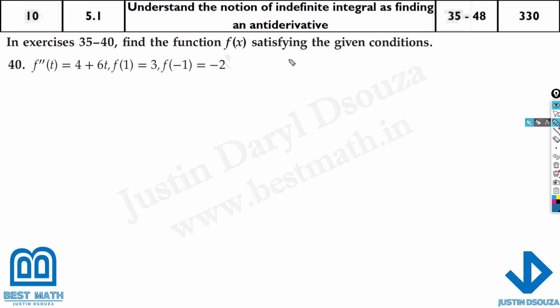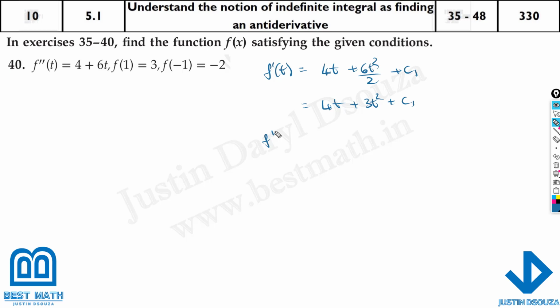I'll do these quickly. First derivative would be 4 times t plus 6t squared by 2 plus c1. Here it's going to be 4t plus 3t power 2 plus c1. I can't use any of these conditions to find the C1.